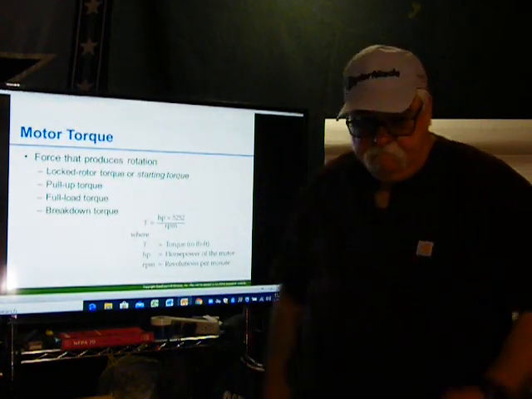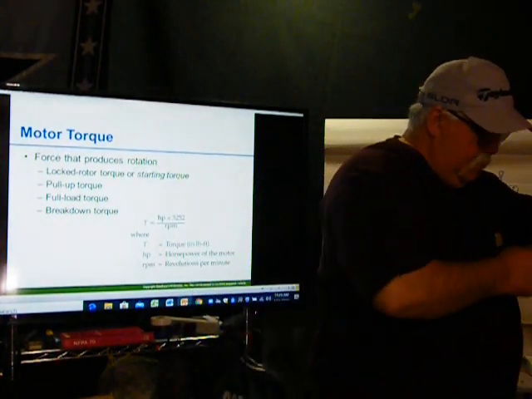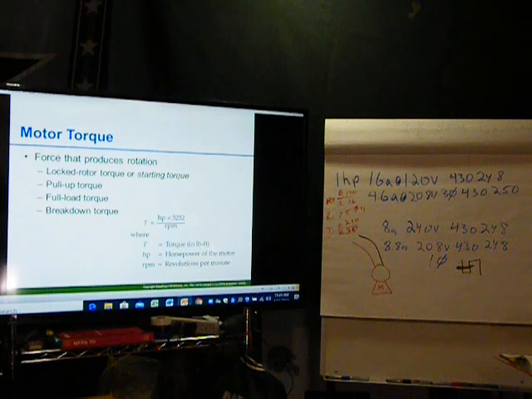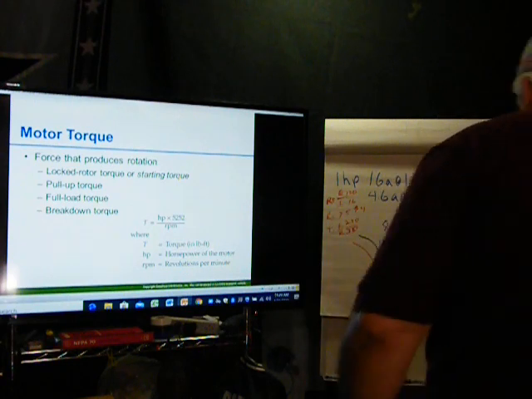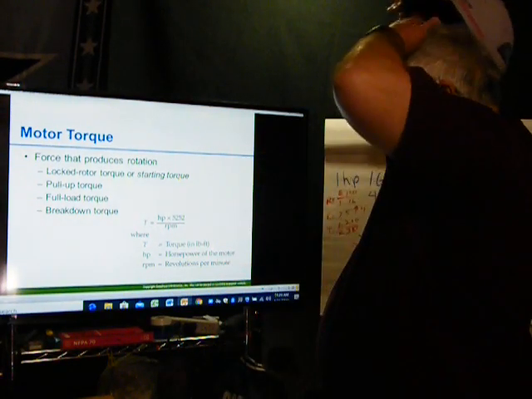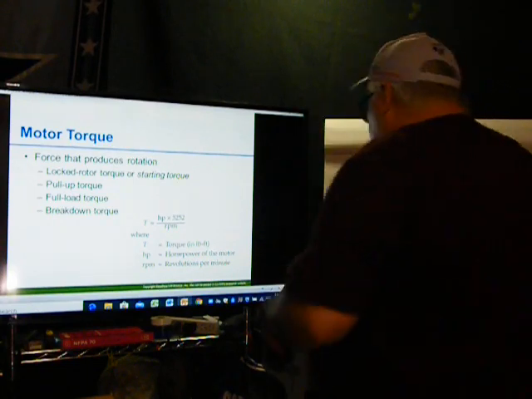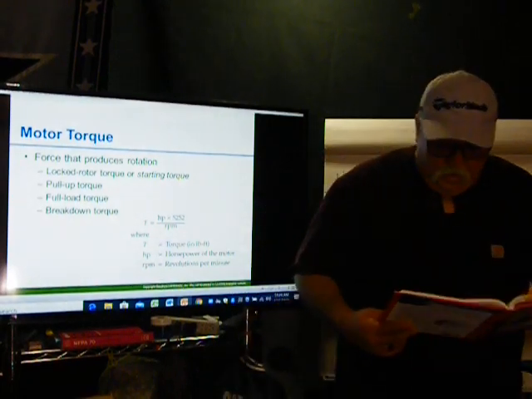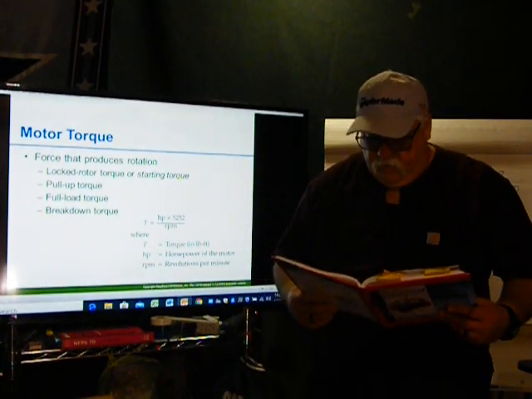Motor torque. This is the force that produces rotation: lock rotor torque, or starting torque, pull-up torque, full load torque, and breakdown torque. So the motor torque is lock rotor torque, also referred to as the starting torque.